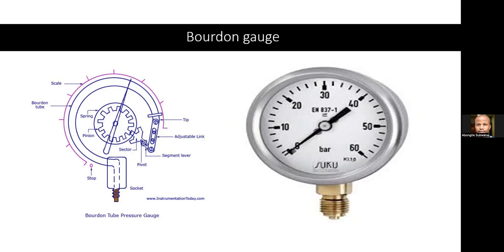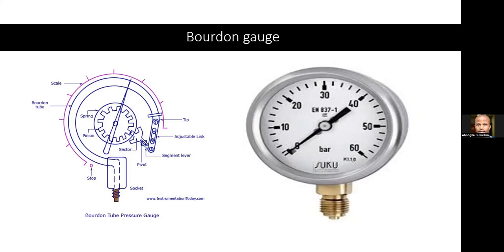When this link pulls, this system will move, and this will also move, and it will indicate if your cylinder is full or getting empty. So we get to see this needle pointer, but we don't know what happens behind it.